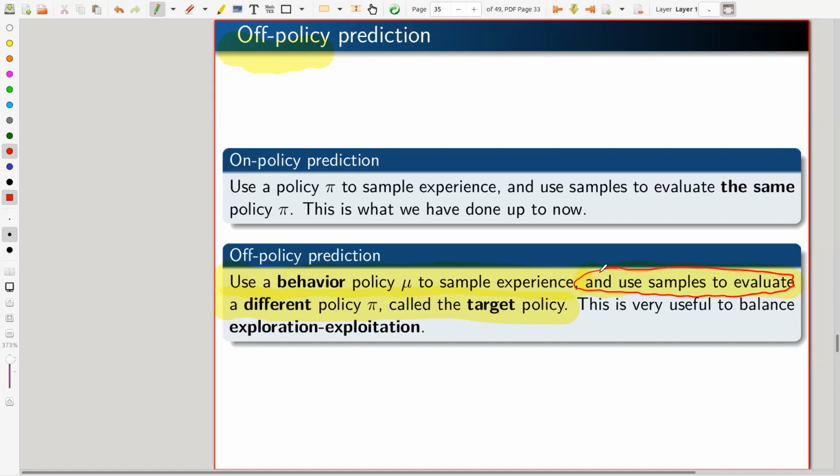I mean, come on, if I sample experience from one policy, how can I evaluate a different policy, a different probability distribution? It's the same as if I ask you to throw the dice with 6 faces to evaluate the expected value of the dice with 8 faces. Yeah, this seems impossible.